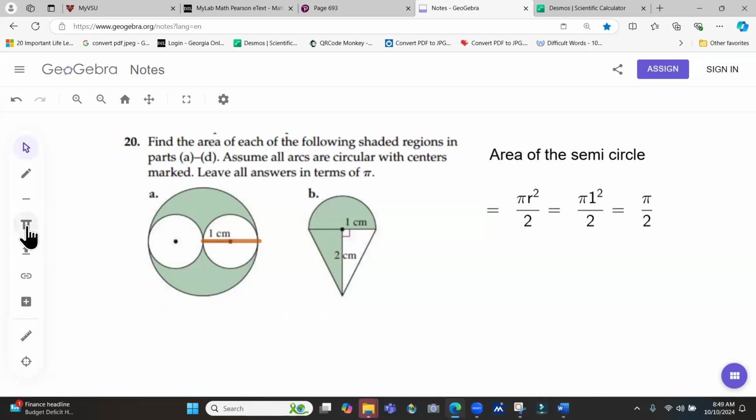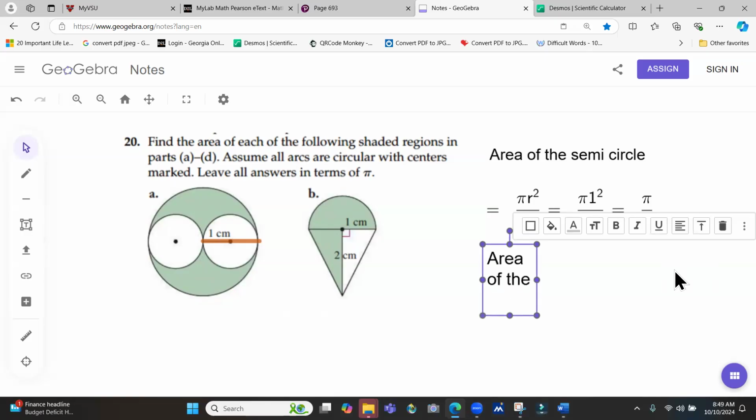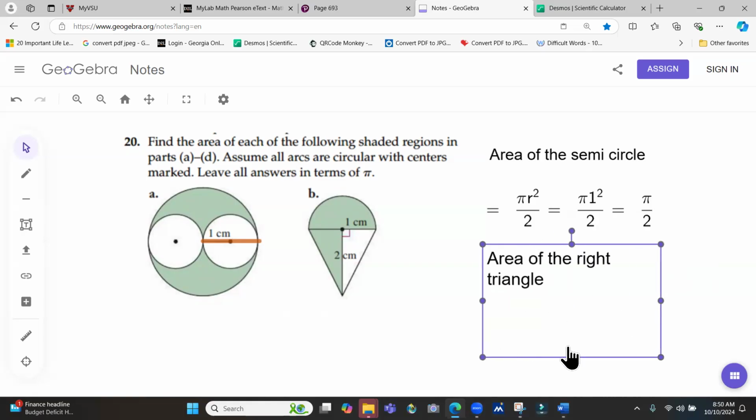Now I'm going to find the area of the triangle. Area of the right triangle. Now, when we did the grid problems, find the area, that's what we did.